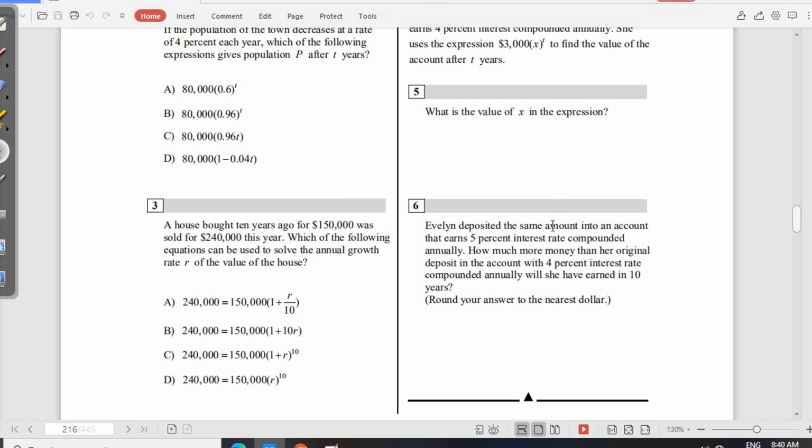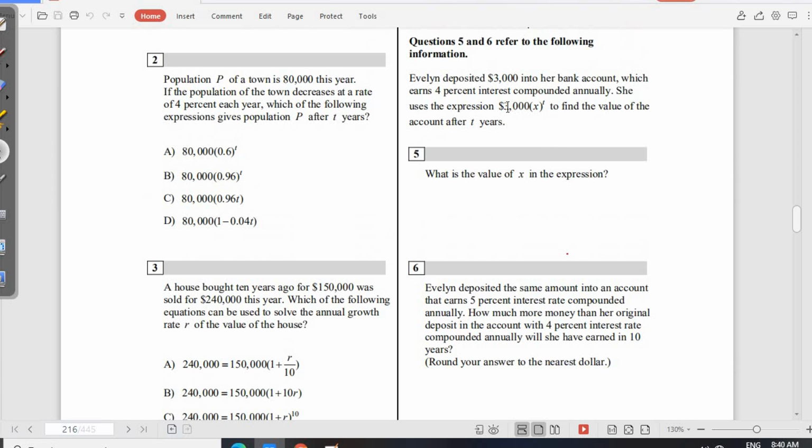So we're just going to solve for each. We're going to do 3,000 times 1.05 raised to power 10.